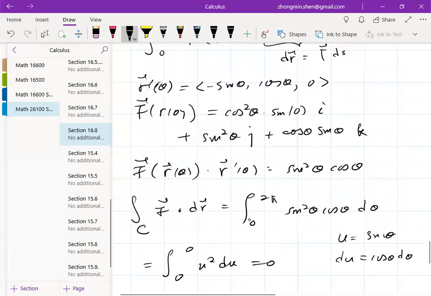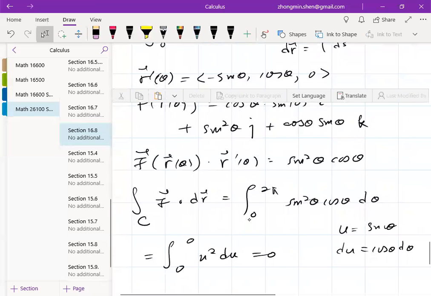Let's review the problem. If you integrate the curl of the vector field over the surface, then you can translate the surface integral to a line integral along the boundary of the surface, which is a curve. Then you parameterize the curve and evaluate the line integral, which usually is easier. The surface integral is complicated, as you can see when you do exercises.